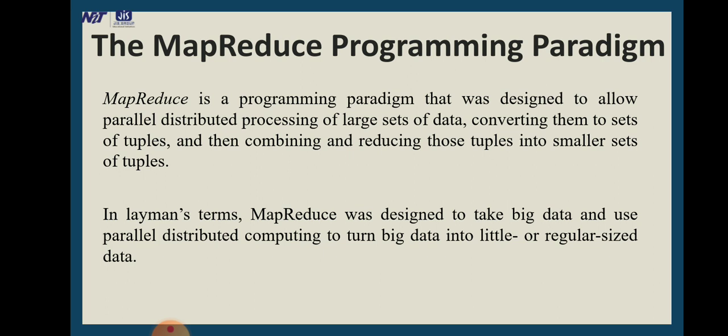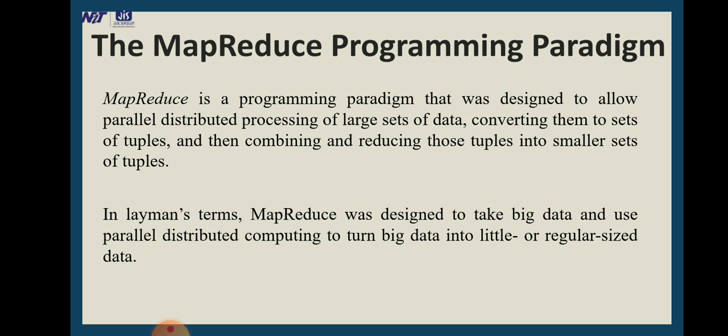In MapReduce, the map function processes a certain key value pair and emits a certain number of key value pairs, and the reduce function processes values grouped by the same keys and emits another set of key value pairs as output.